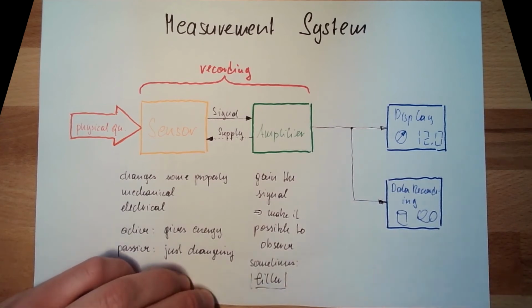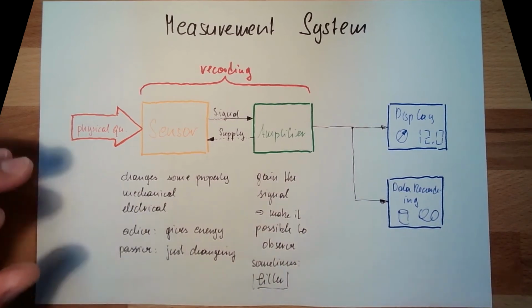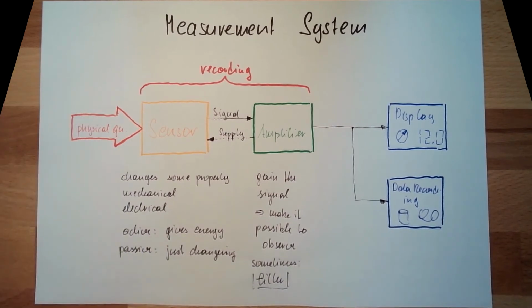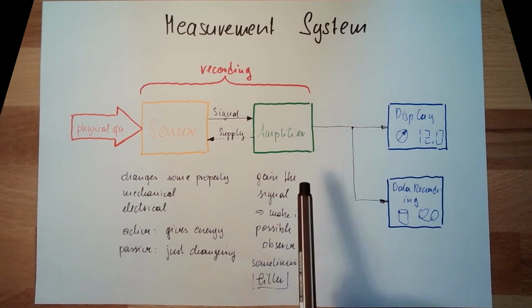What does it mean, filter? Filter means unwanted spikes or wrong measurements need to be filtered out of the correct signal. This is sometimes done directly in the amplifier, because we know the sensor has this and that property, and there is some noise on it, then we may filter it in the amplifier.